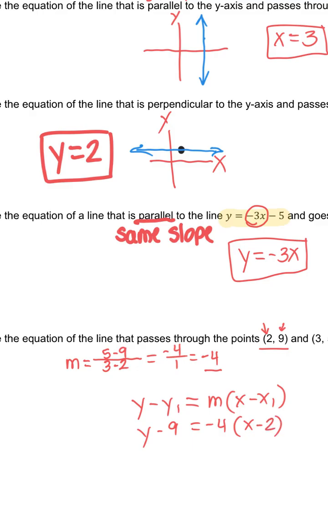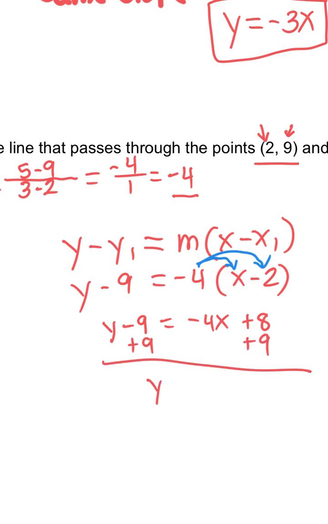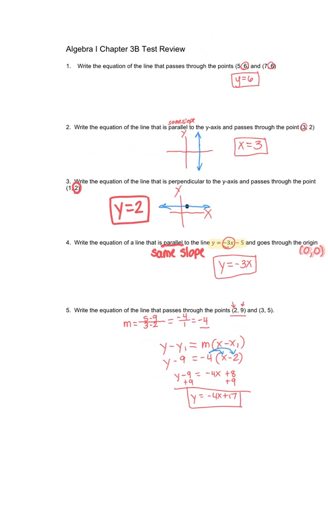Let's go ahead and distribute this negative 4 across. Now we have y minus 9 equals negative 4x plus 8. Add 9 to both sides. And now we have y equals negative 4x plus 17. And this is the equation of that line. Let's go ahead and go to the next page.